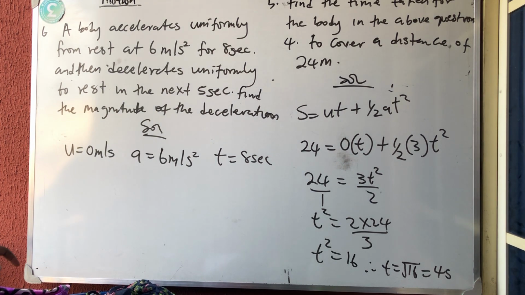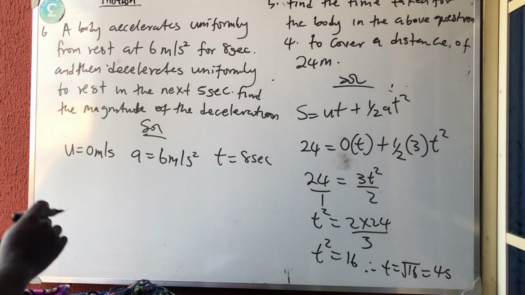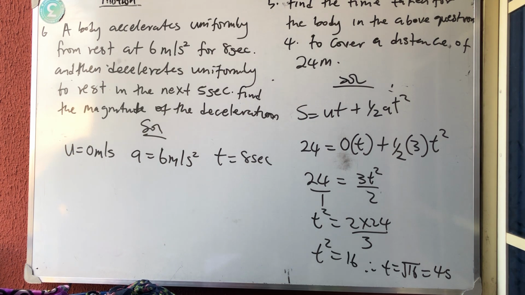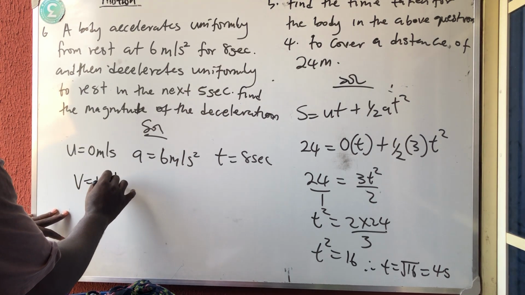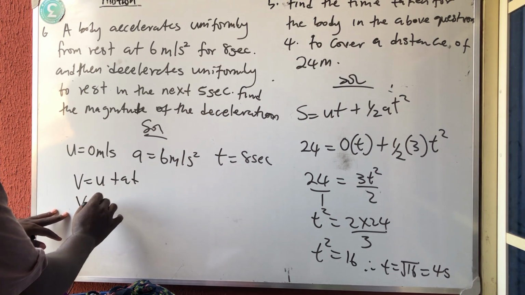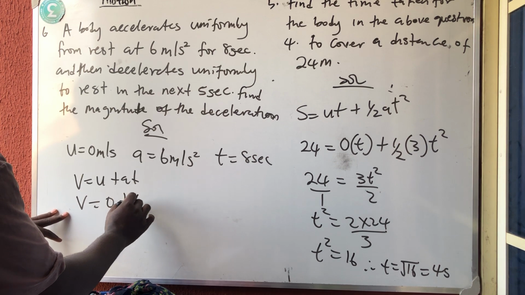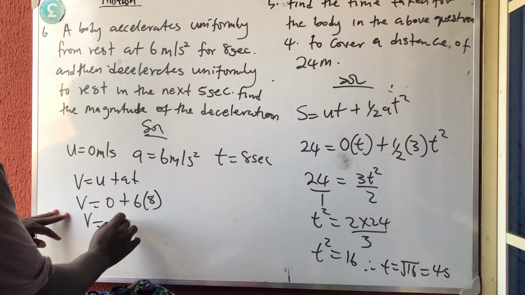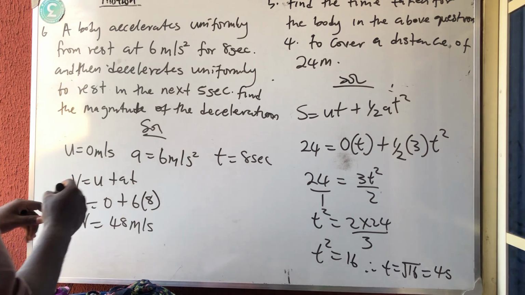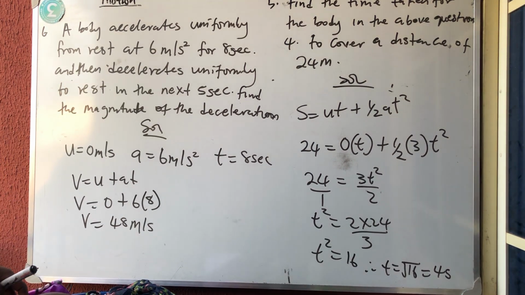I know that v is equal to u plus at. So v is equal to 0 plus 6 bracket 8. So my v is equal to 48 meter per second.